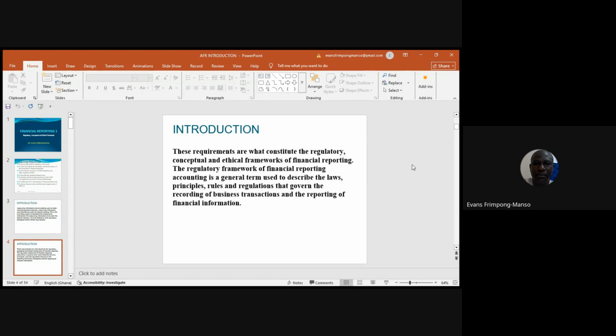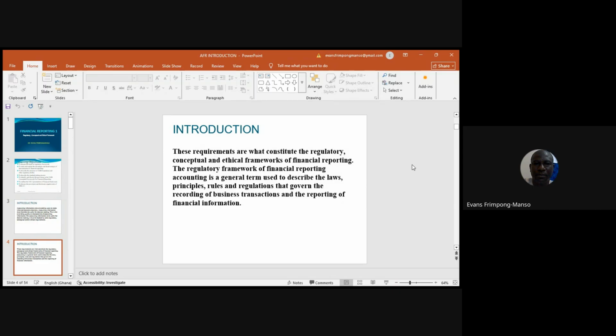Now, let's take them one after the other. The regulatory first, then the conceptual, and then the ethical. When we say the regulatory framework, the name says to regulate something, that is how to regulate.